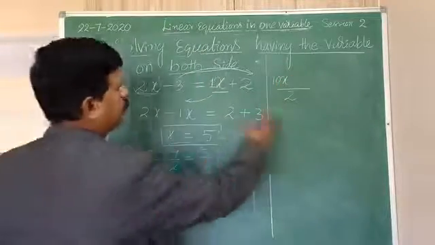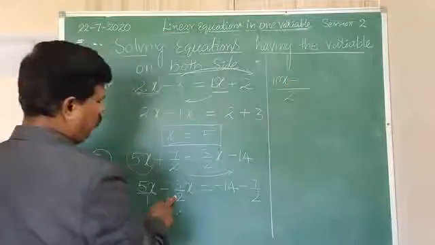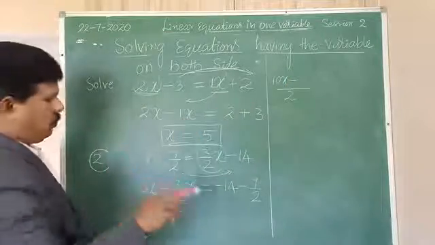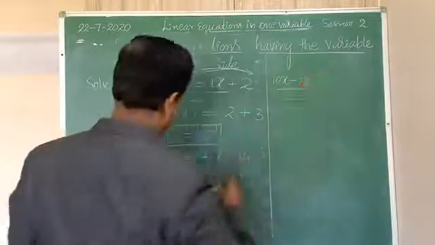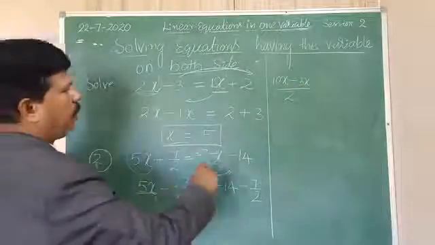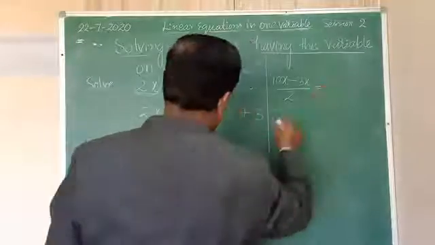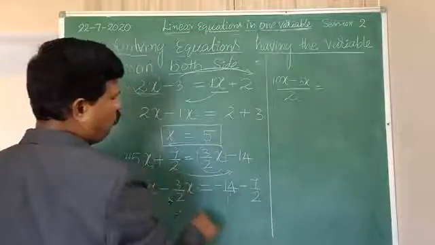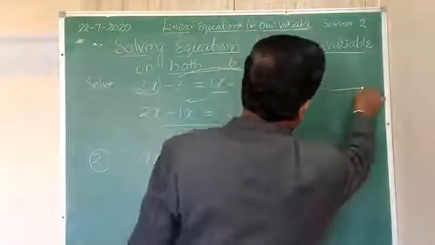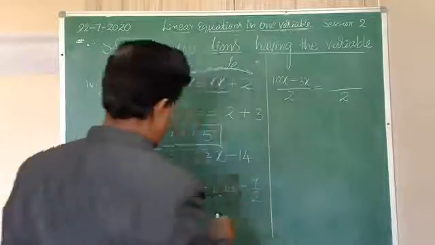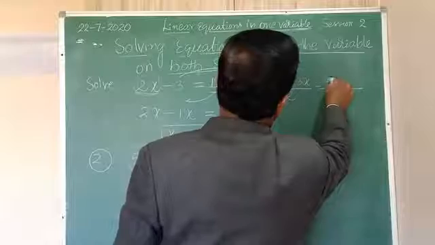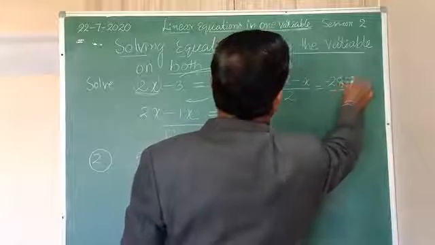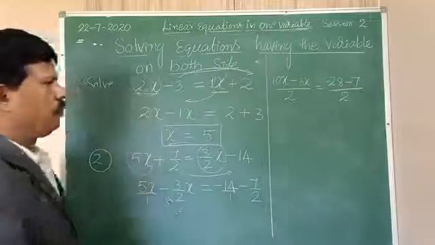Here the sign is minus, 2 divides 1 times 1 3 is 3x. Clear? Now equals, again here also the LCM of 1 and 2 is 2, and here 14 2s are 28 minus 28 minus 7.